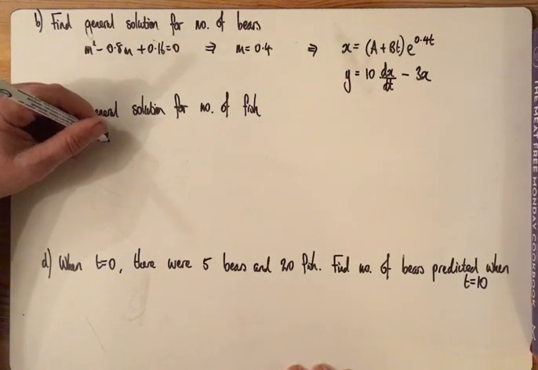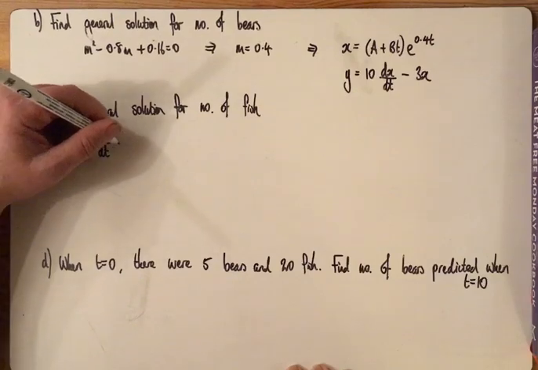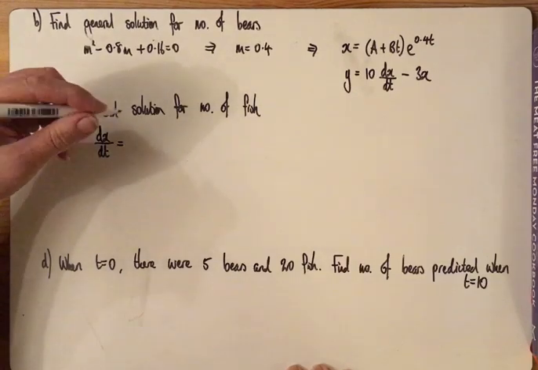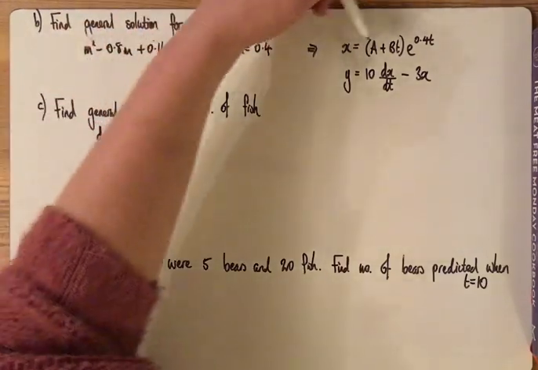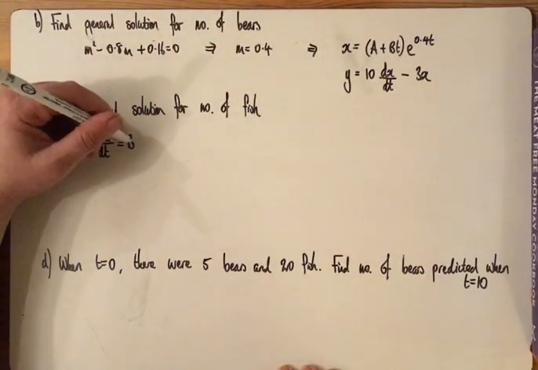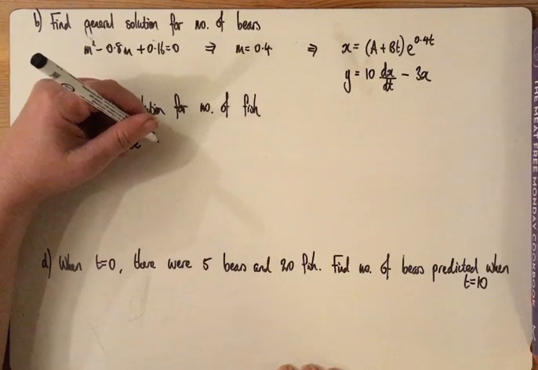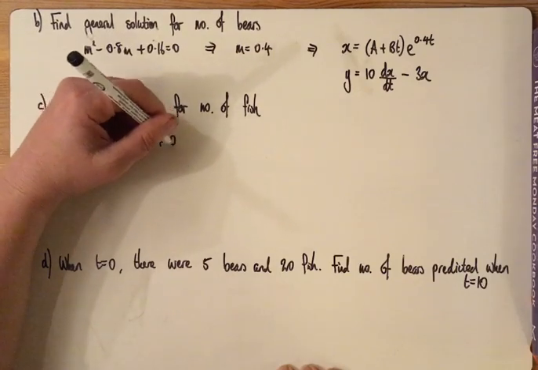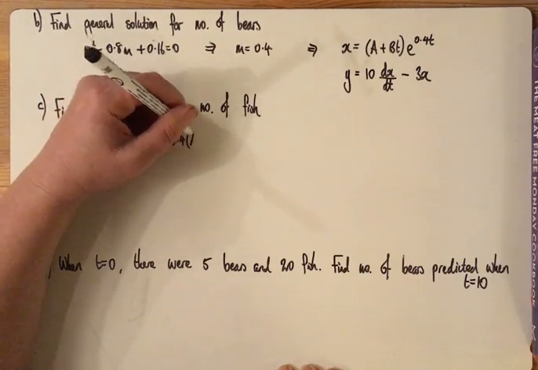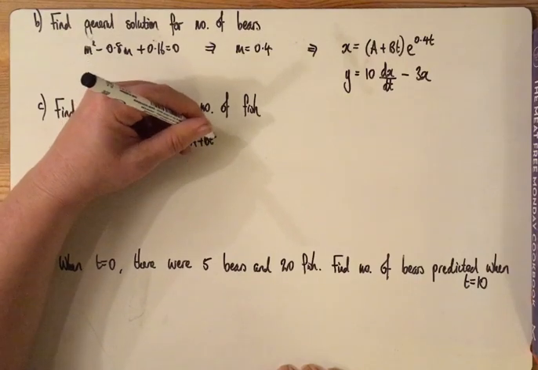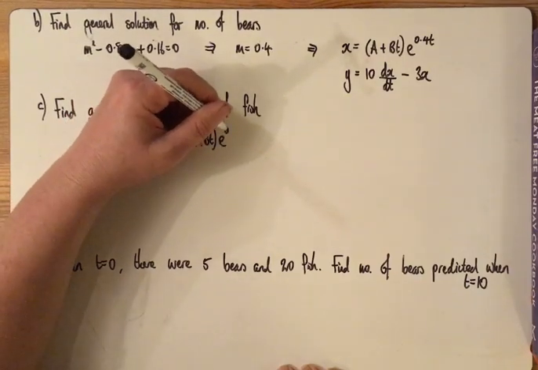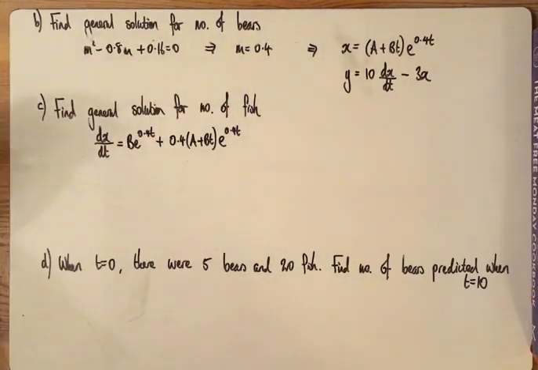So dx/dt, I'm doing product rule. This is going to be b e to the 0.4t plus 0.4 times a plus bt, e to the 0.4t.